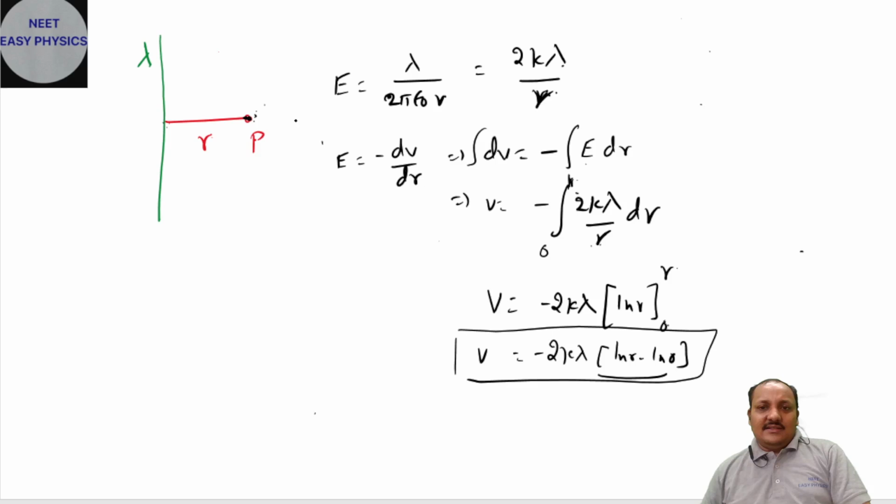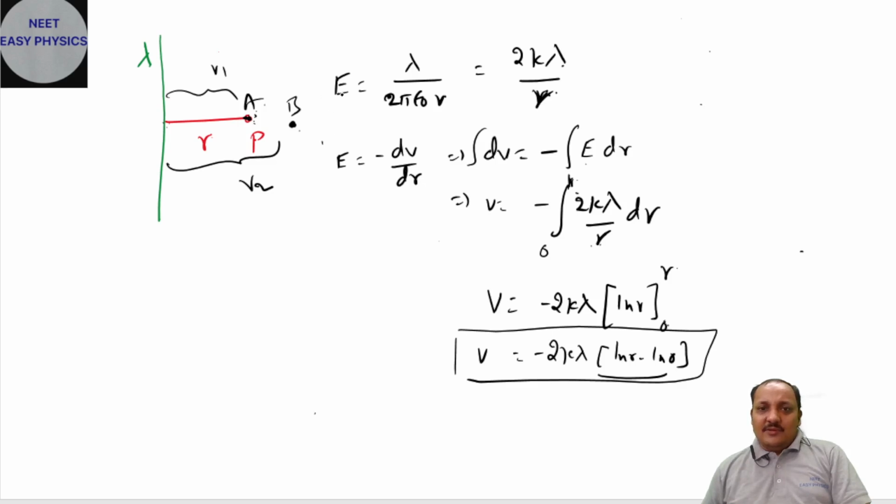Same like this, they may ask from A to B what the potential difference is. A is at a distance R1, B is at a distance R2, and we should do VA minus VB. So like this they may ask. I am saying how we have to apply the concept for the given question.